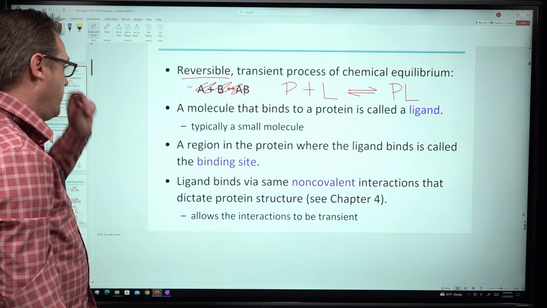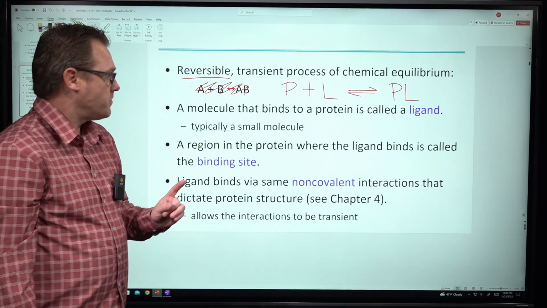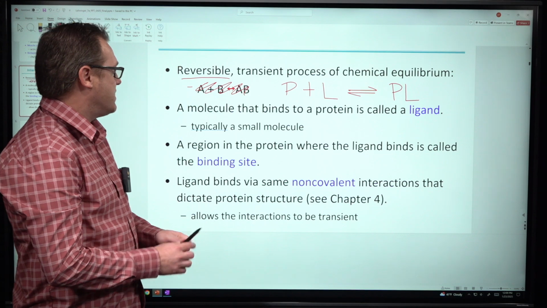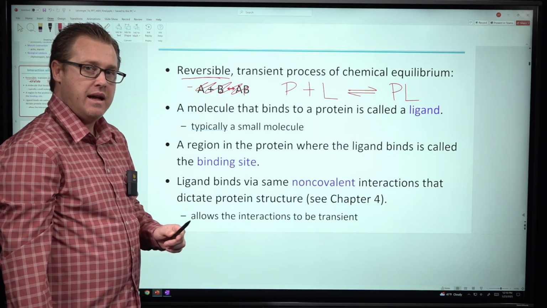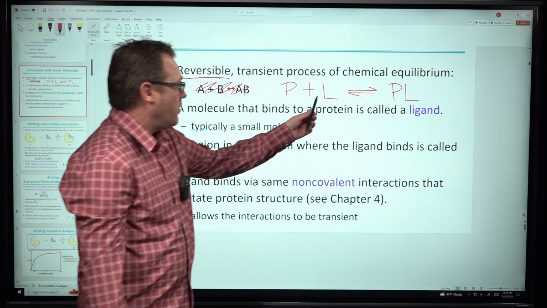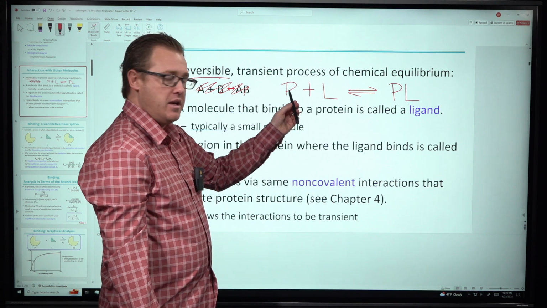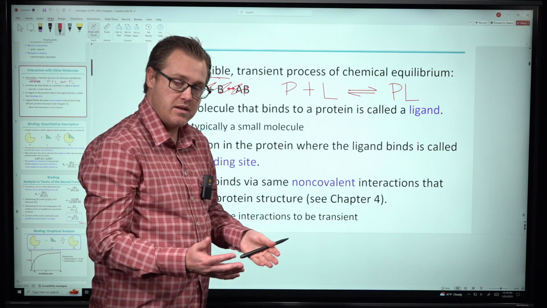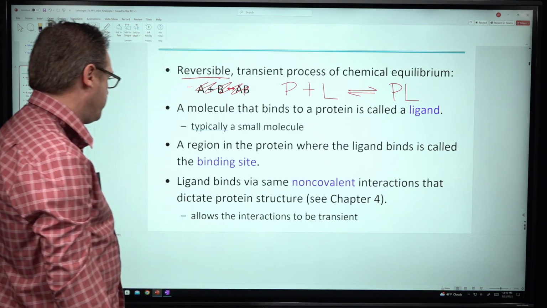So we're going to take a look at this interaction, and this interaction has to be reversible. In this discussion, we're going to look at how these ligands bind to the protein, and then how those ligands are released from the protein.